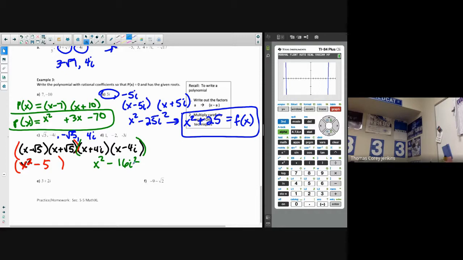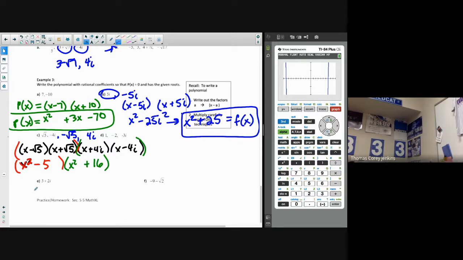So my last step then would be to multiply what I have, so times x squared plus 16. Just like the last one gave us x squared plus 25. There are shortcuts once you get used to it. Okay, then we multiply it out.